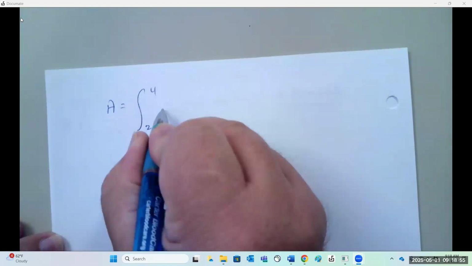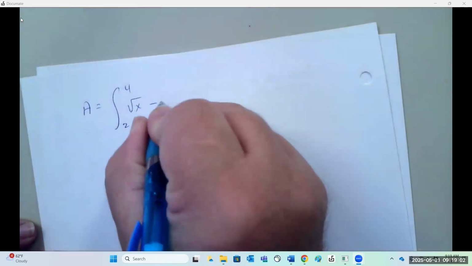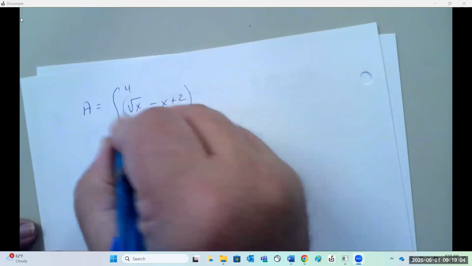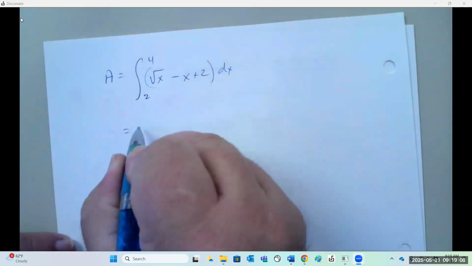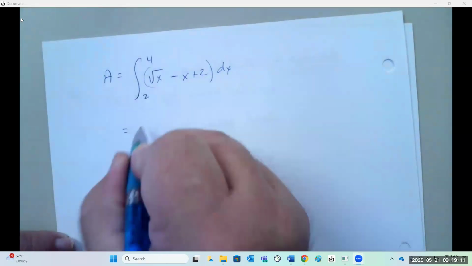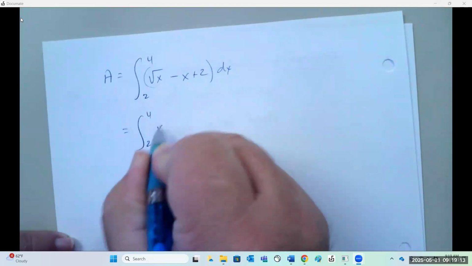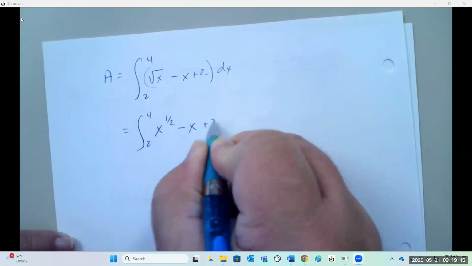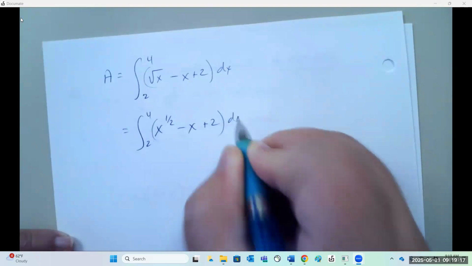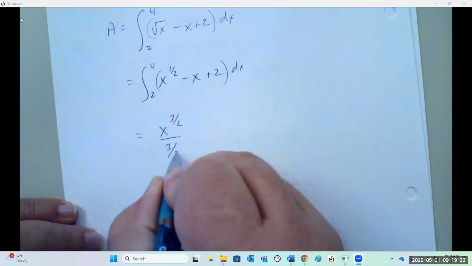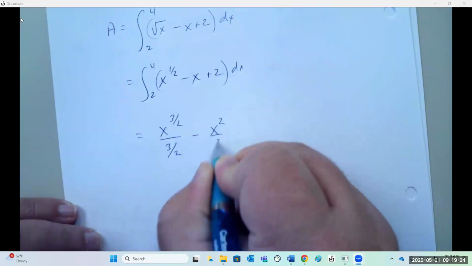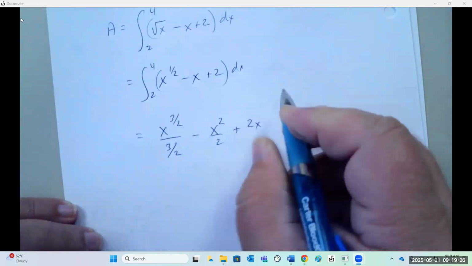Square root of x is x to the power 1/2 minus x plus 2, which becomes x to the 3/2 over 3/2 minus x squared over 2 plus 2x.